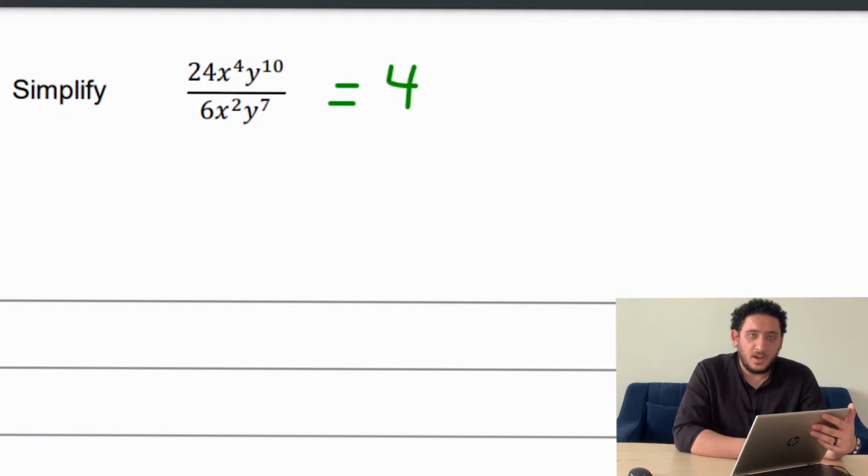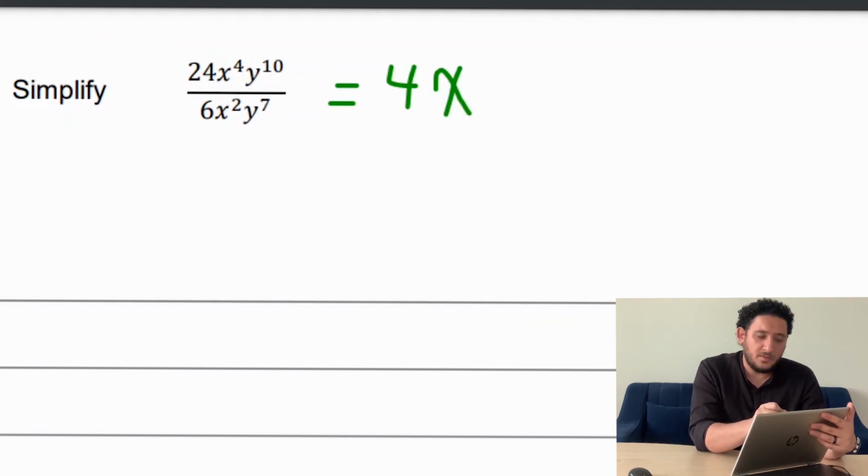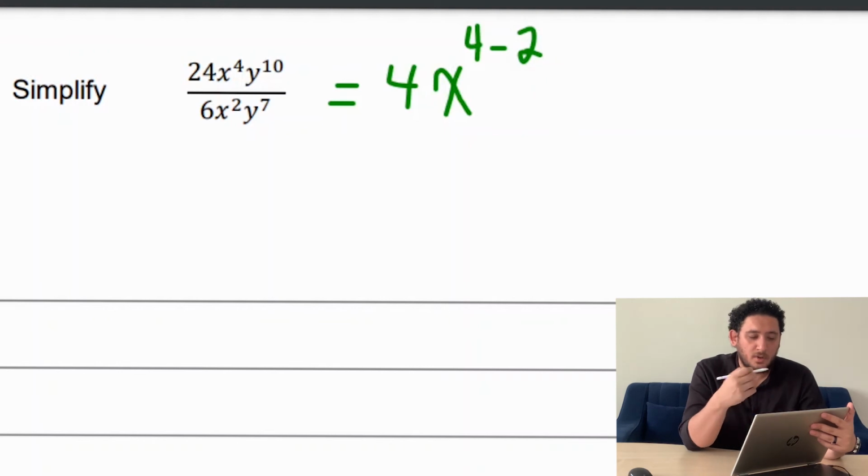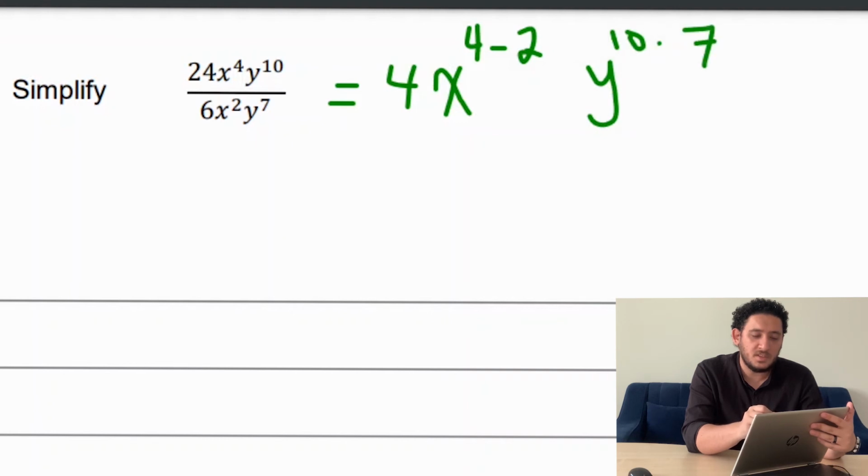Now we will divide the letters. We'll start with the first variable, x power 4 divided by x power 2. It's a division. With the same base, we will subtract the powers. It will be x power 4 minus 2. The second variable is y power 10 divided by y power 7. It means y power 10 minus 7.